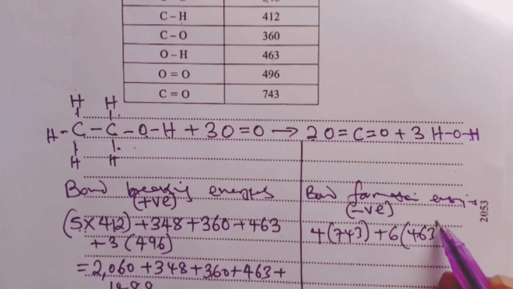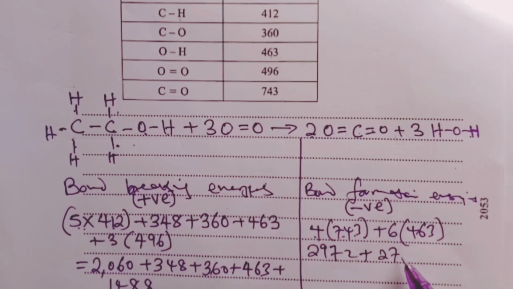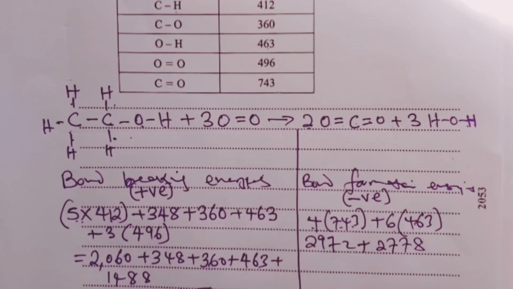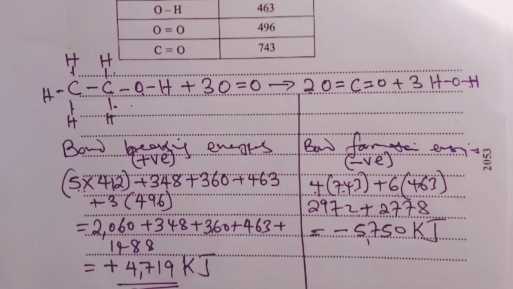So when I do the sum, I'm getting 2972 for 4 times 743 added to 2778 for 6 times 463. Now this gives me a total of negative 5750 kilojoules for my bond formation energies.